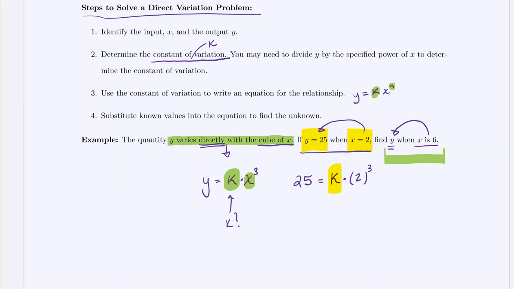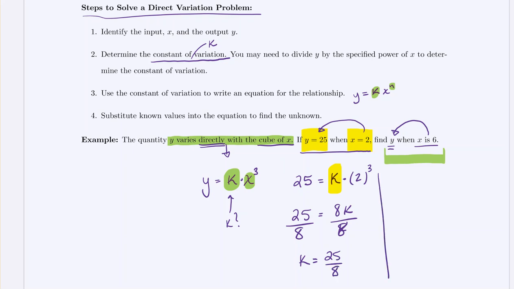And when you have a single variable equation, you can always solve for the missing variable. So here we can solve for k. This simplifies to 25 equals 8k, since 2 cubed is 8. Get k by itself by dividing both sides by 8, and we get k is 25 over 8.